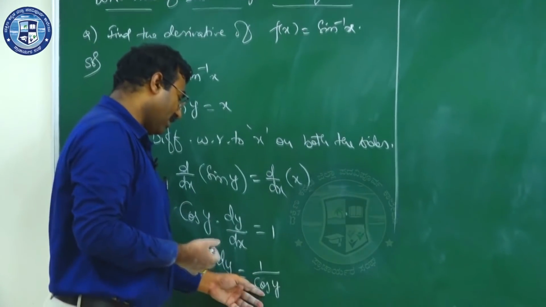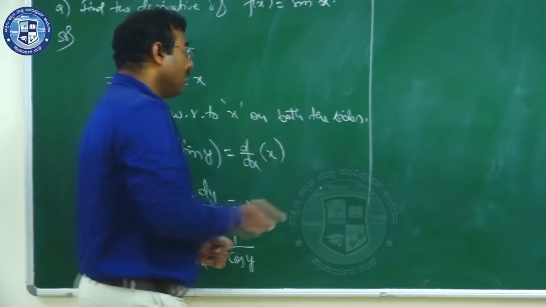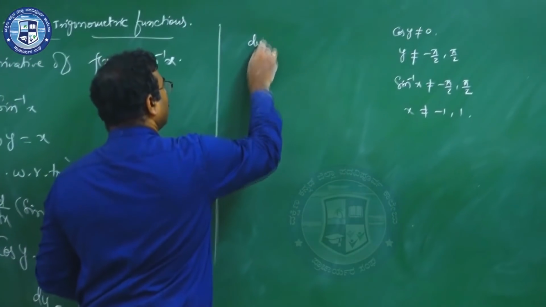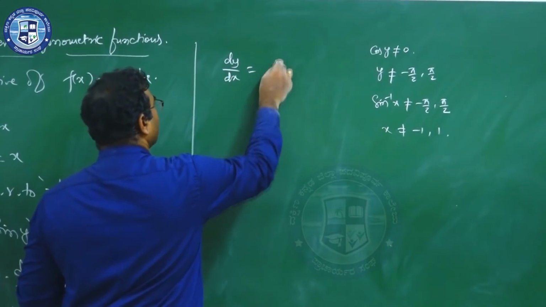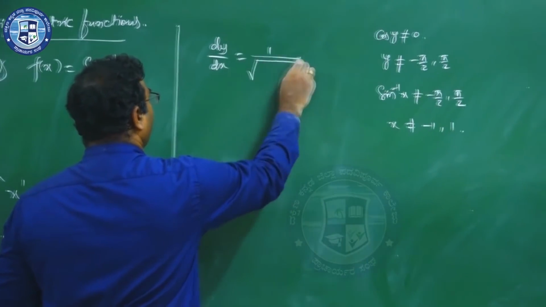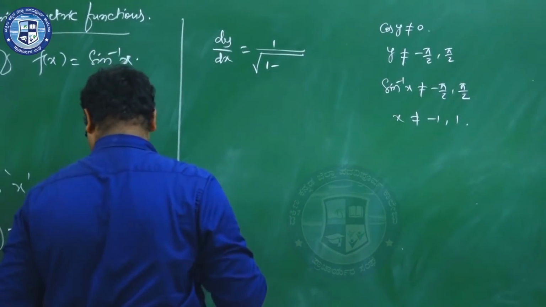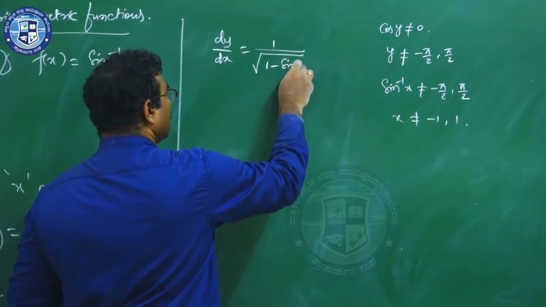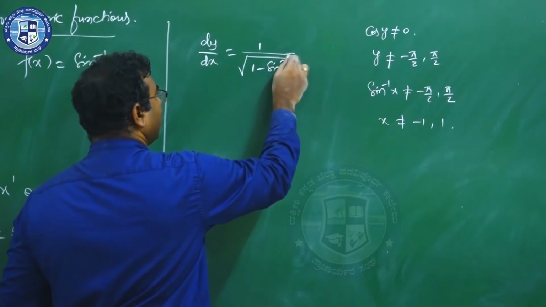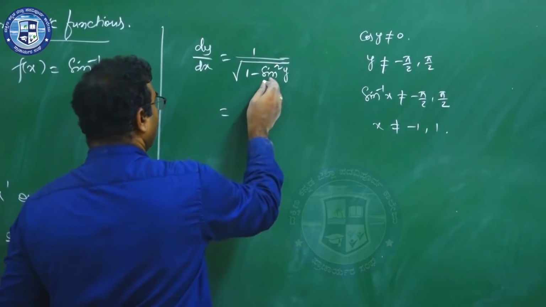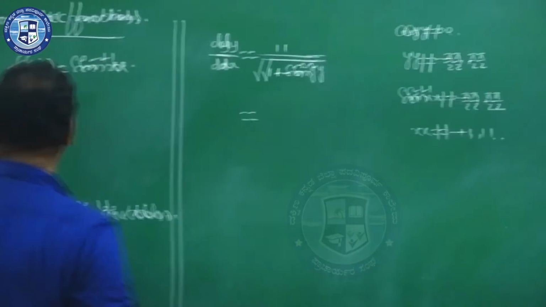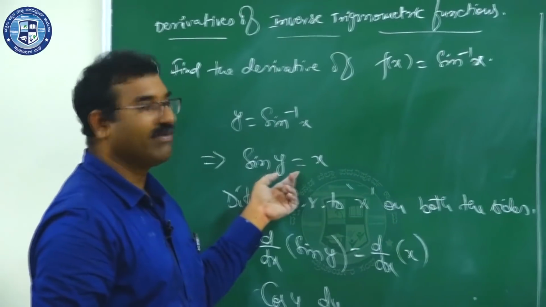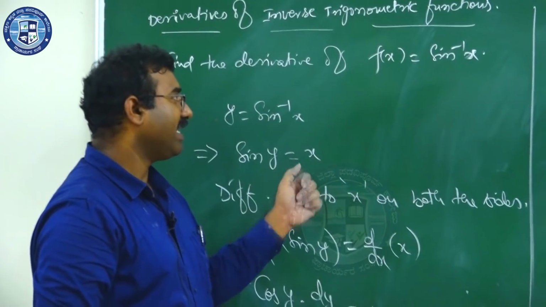Okay. So cos y, what can I write? Now dy by dx is equal to cos y, I can write square root of 1 minus sine square y. What is sine y from this? Sine y is x here.